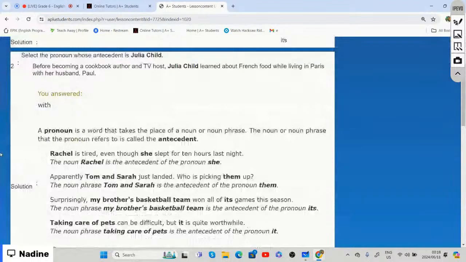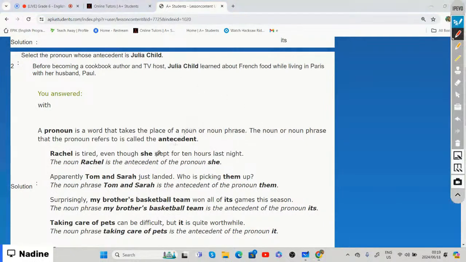All right, so once again, we said a pronoun is a word that takes the place of a noun or a noun phrase. The noun or the noun phrase that the pronoun refers to, we call that the antecedent, right? So it means that Rachel is tired, even though she slept for 10 hours last night. Our pronoun over here is she. That pronoun she refers to Rachel, who is basically tired.